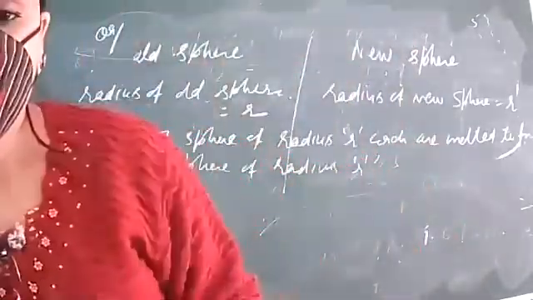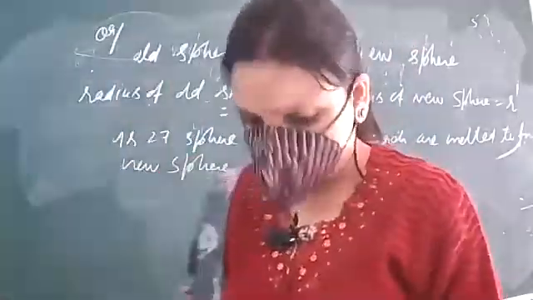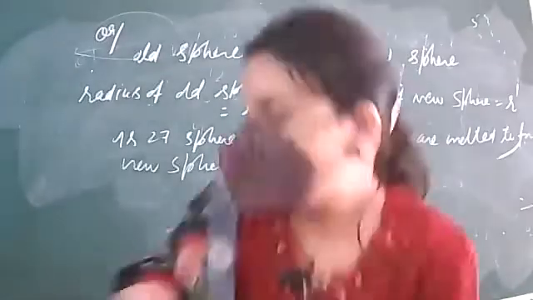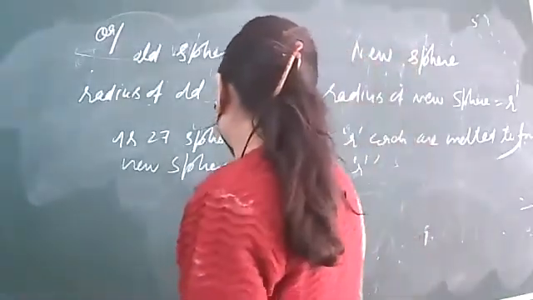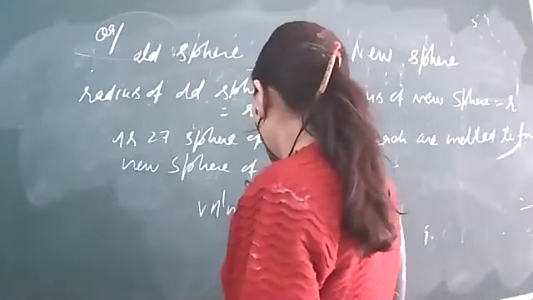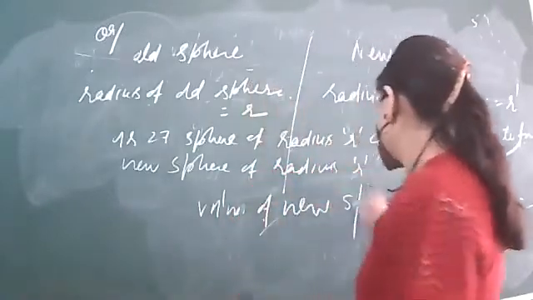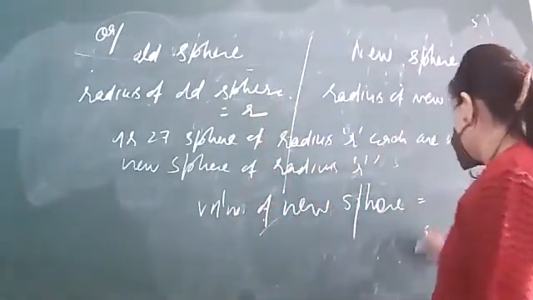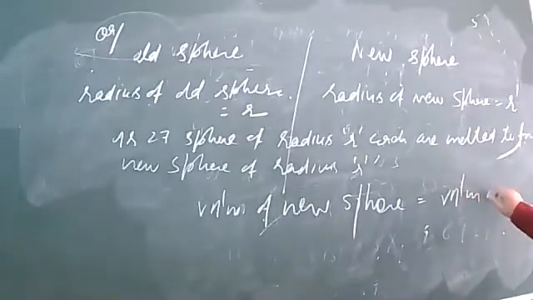Therefore, the volume of the new sphere is equal to the volume of 27 old spheres.